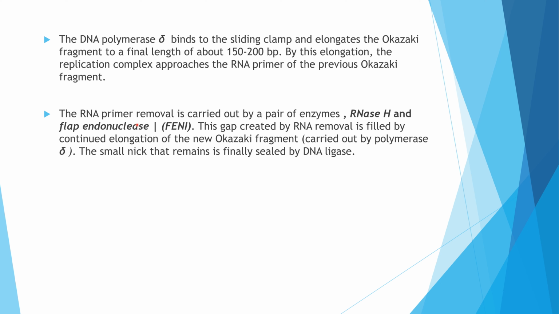The RNA primer removal is carried out by a pair of enzymes named RNase H and flap endonuclease 1. The gap created by RNA removal is filled by continued elongation of the new Okazaki fragment carried out by polymerase delta. The small nick that remains is finally sealed by DNA ligase.